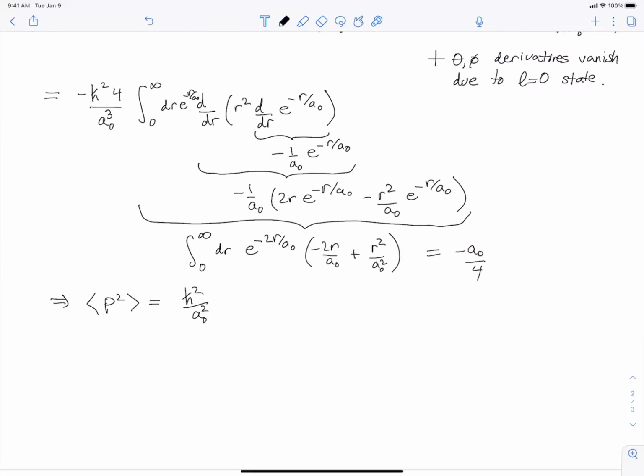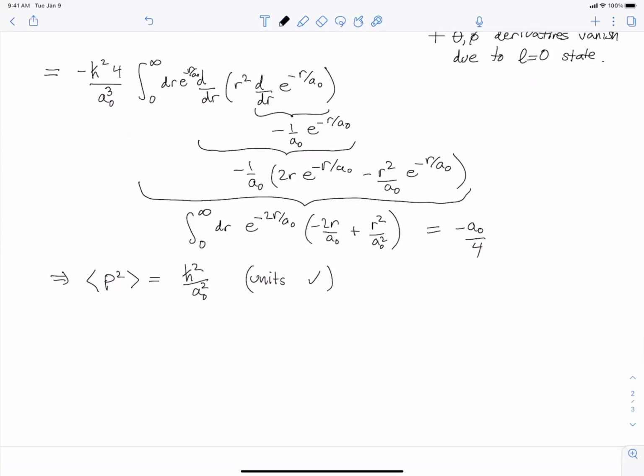Okay, so the units check, because h bar squared over a distance squared is a momentum squared. And so it's always good when you're doing a calculation like this to make sure the answer has the right units. That way you know you haven't dropped a factor of, say, a0 or something like that.